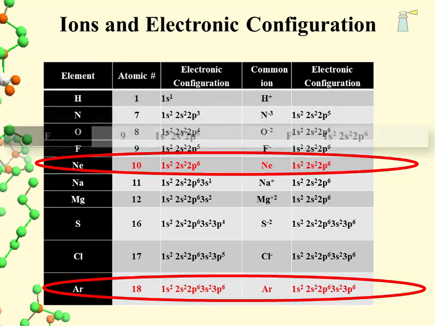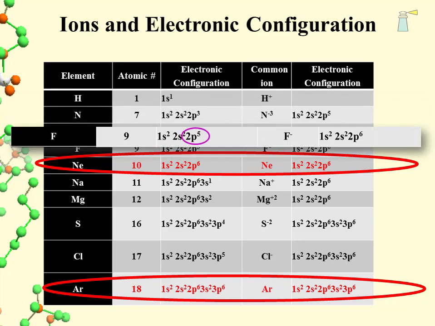The atomic EC of fluorine ends in 2p5. If fluorine gains 1 electron, thereby adopting a negative charge, the ion electronic configuration will also gain 1 electron, and 2p5 will become 2p6. Right, the same as neon.